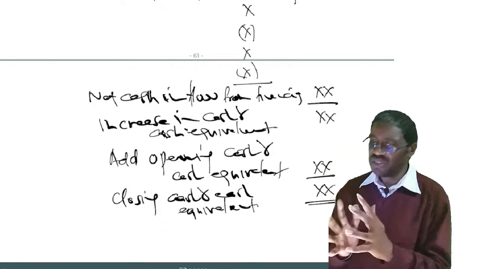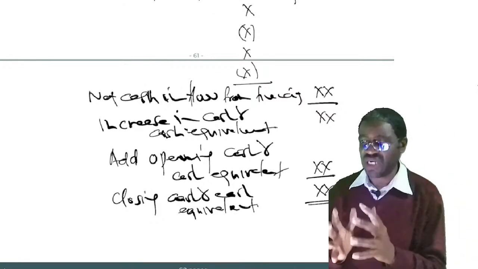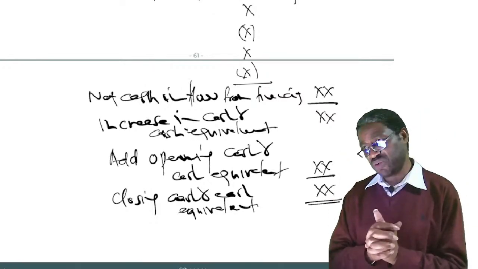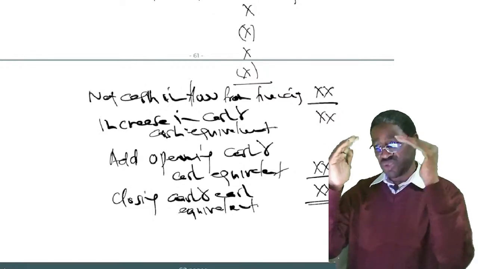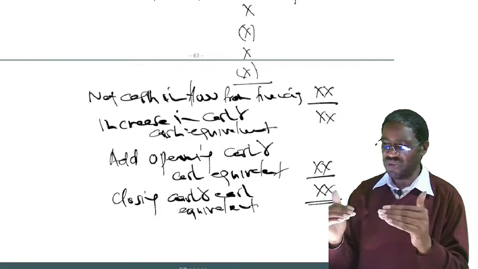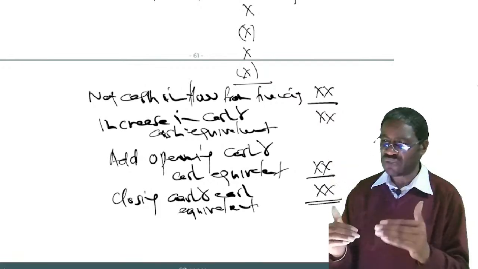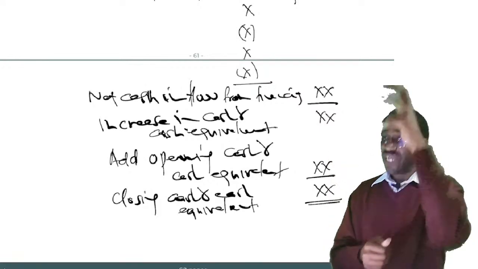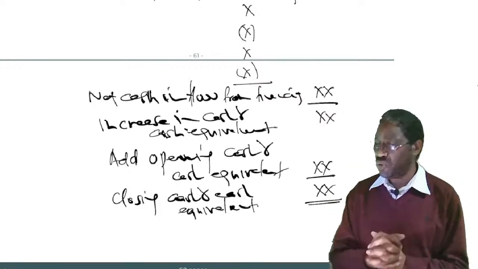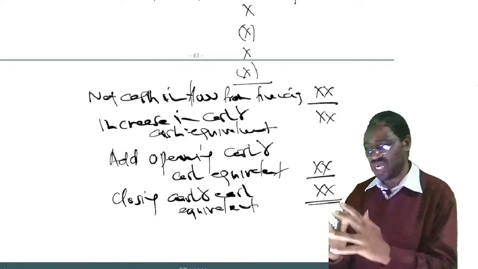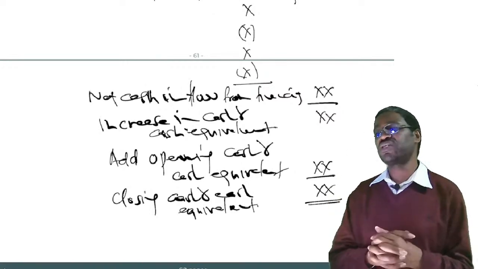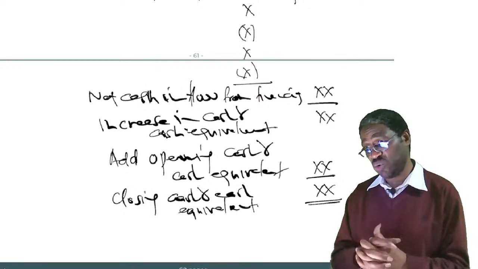I have said it did not matter whether you're using the direct method or the indirect method. You had to start with the cash flows from operating, come to cash flows from investing, come to cash flows from financing, get the totals of the three, and get that net. If it's a positive, you call it an increase in cash and cash equivalent. If it's a negative, you call it a decrease in cash and cash equivalent.